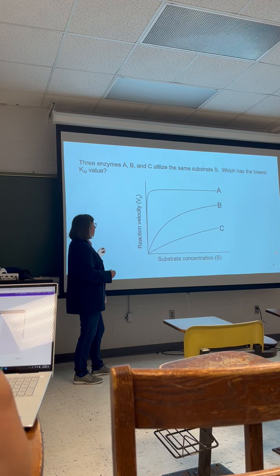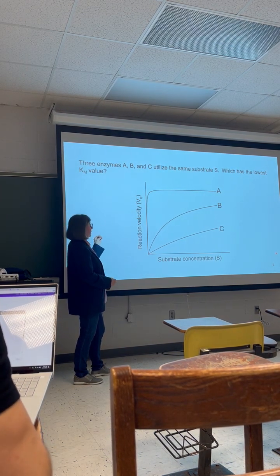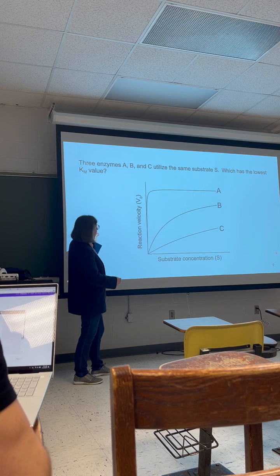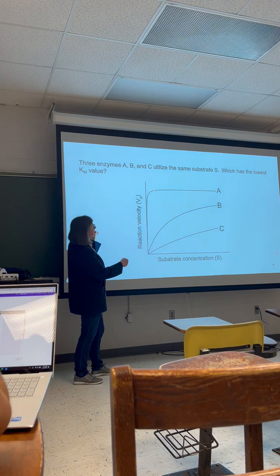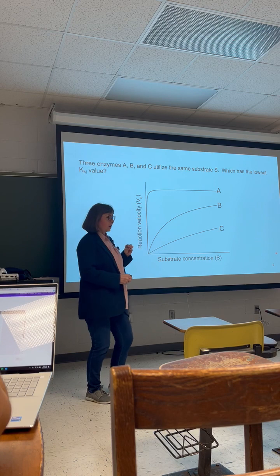It means that at a very low substrate concentration, you will achieve pretty high velocity. At Km, you will achieve half maximal. And if you are somewhere here or somewhere here, we are already operating at almost maximal velocity, at saturation, at a very low substrate concentration.